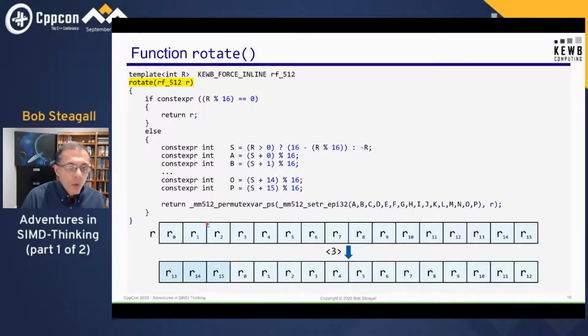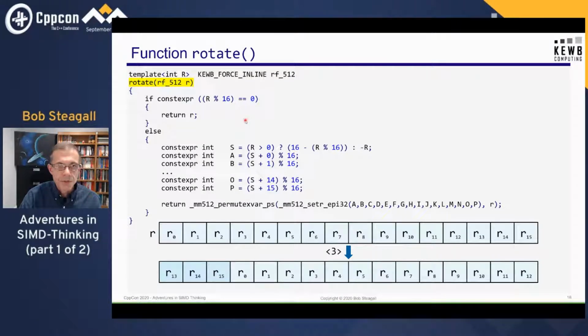So we can use the permutation mask, and we can use permutation in general to actually rotate values in registers. This is also very powerful and necessary for the algorithms we're going to discuss. The next function I call rotate, and it takes a signed integer template parameter, and it will actually rotate the contents of a register left or right. First thing it does is look to see if the rotation value, capital R, mod 16 is 0.